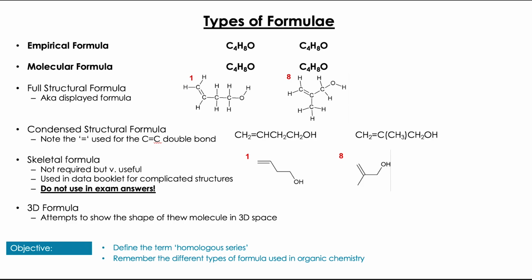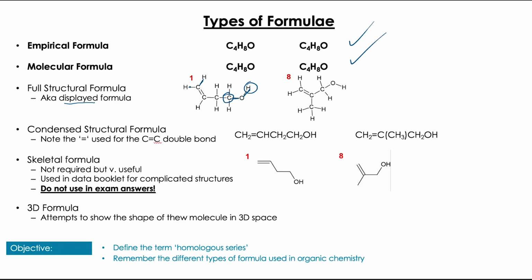So we want to look at the different ways we can represent molecules. Now, we've already covered empirical and molecular formula in previous units, and we just want to familiarize ourselves with the others. Firstly, we have full structural formula, sometimes called displayed formula if you're revising online. This shows all hydrogen and carbon atoms, and it shows all of the individual bonds to the atoms they are bonded to.